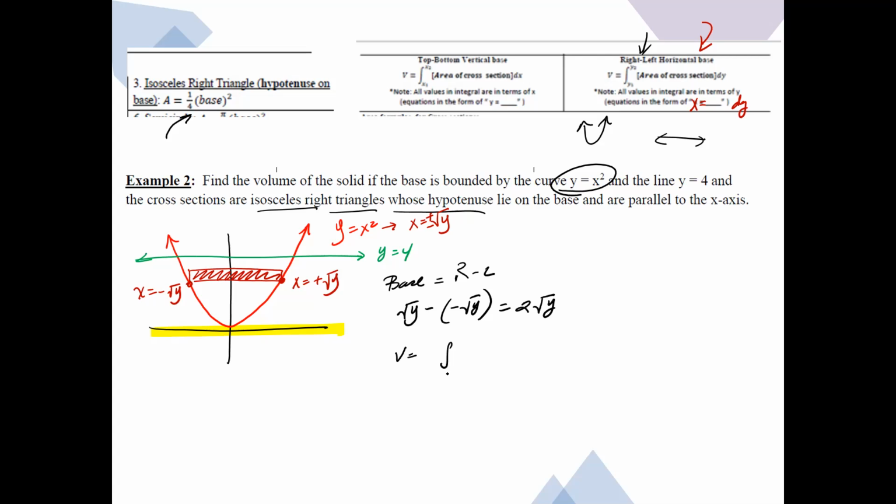Your volume in this situation is going to be from y1 to y2. It starts at y equals 0 and goes all the way up to the green line, which is y equals 4. So it's going from 0 to 4.